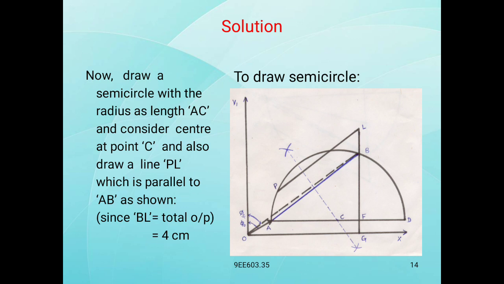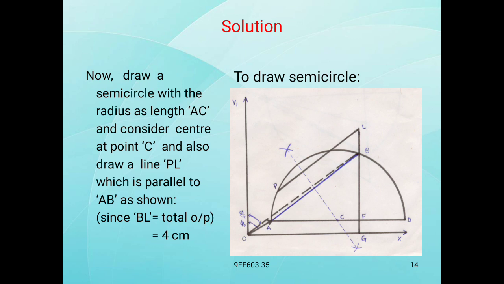Now draw a semicircle with the radius length AC and consider center point C, and also draw a line PL which is parallel to the AB line.